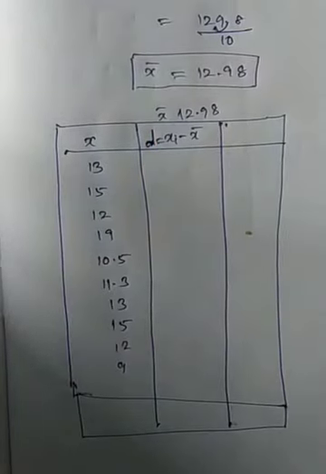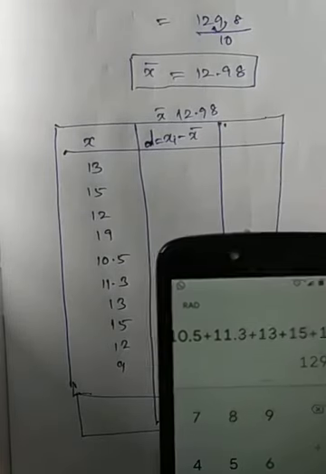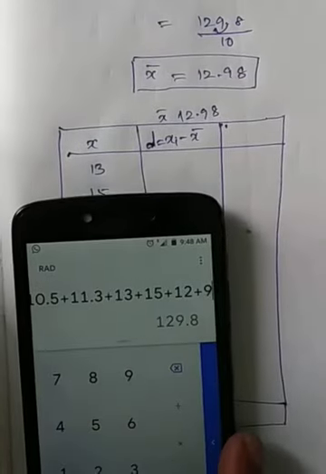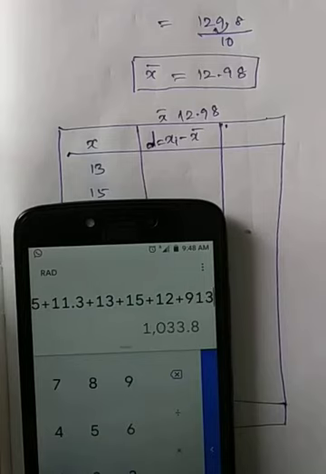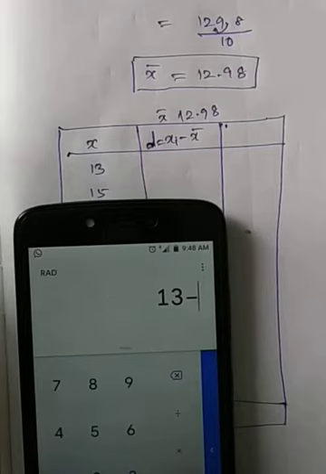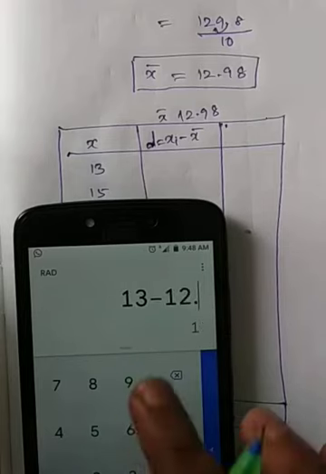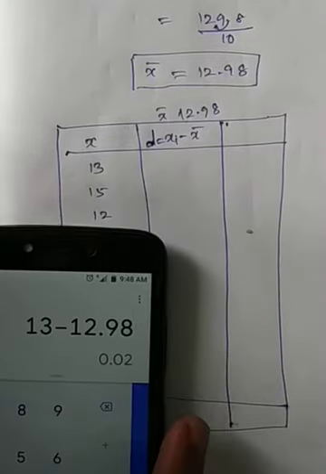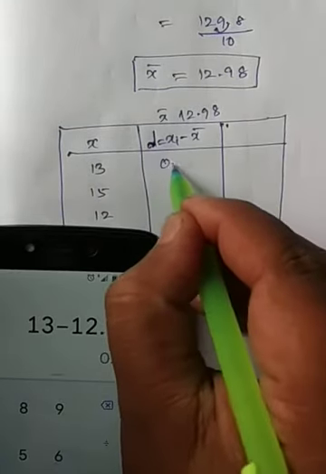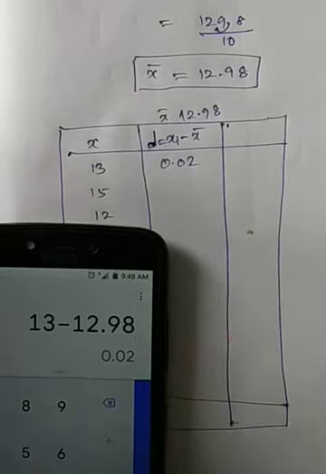It will be complicated, that's why I'm using a calculator here. 13 minus 12.98 gives 0.02.